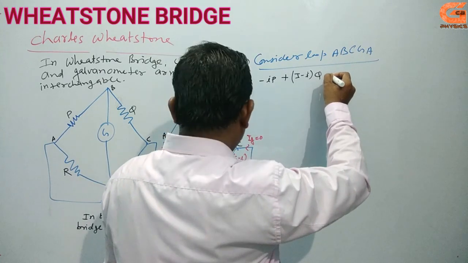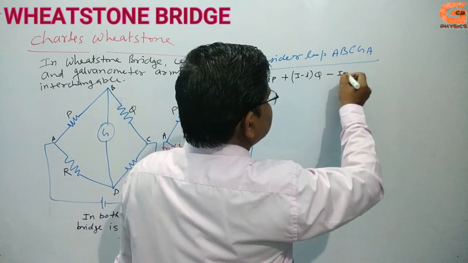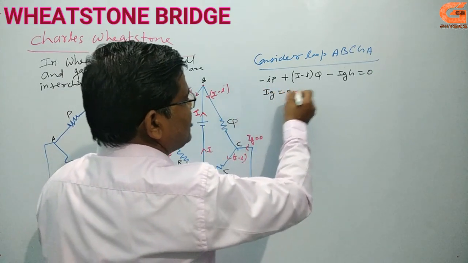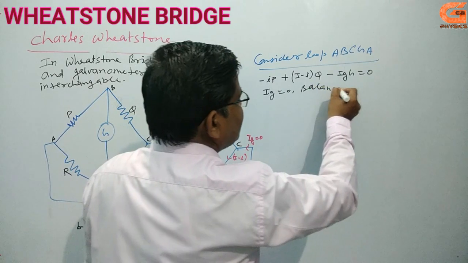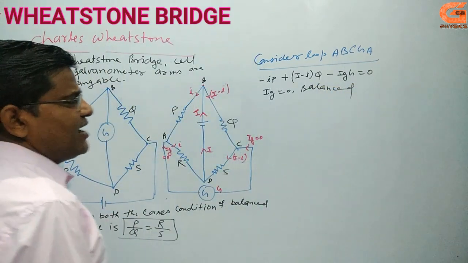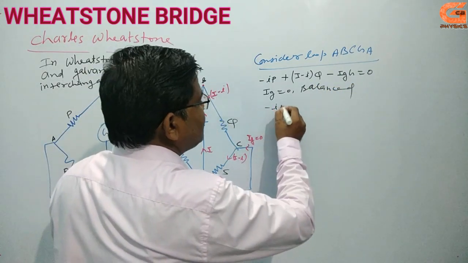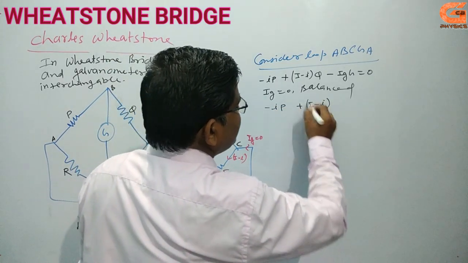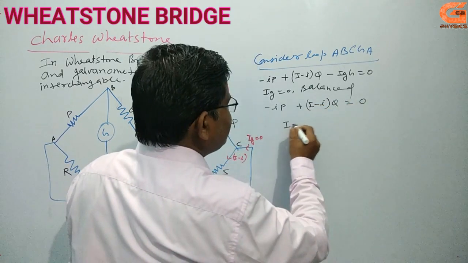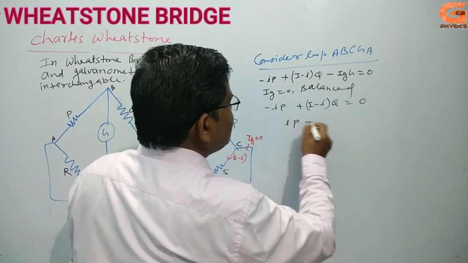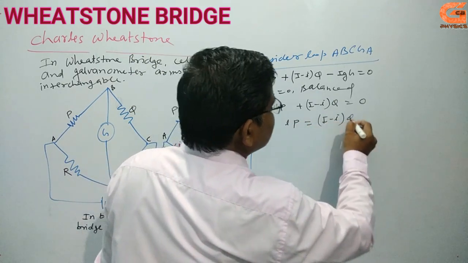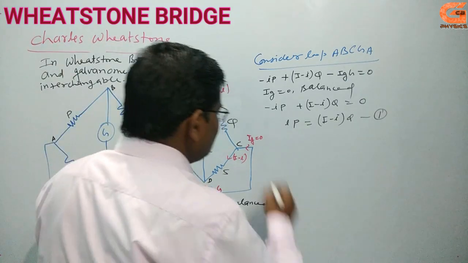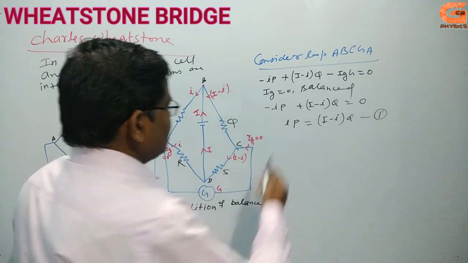If you want to consider it, then minus Ig into G equal to 0, and Ig equal to 0 because it is a balanced Wheatstone bridge. Then minus I1 P plus (I minus I1) Q equal to 0. That means I1 P equals (I minus I1) Q. Equation number 1.